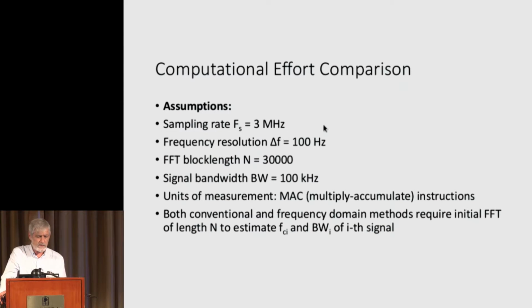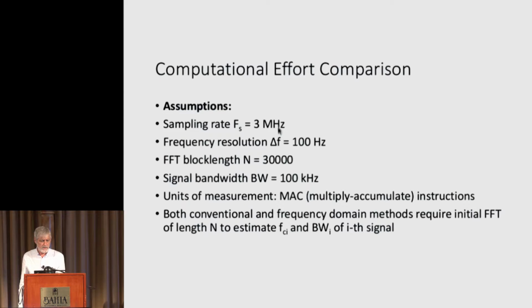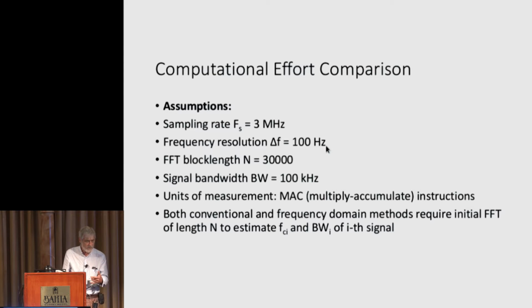So I'm assuming the same parameters that I have used for this example, which is that 3 megahertz bandwidth, which meant that the sampling rate was 3 megahertz. And then the frequency resolution, I assumed we need 100 hertz in order to get a reasonably good estimation of the baud rate. Needing the 100 hertz means that we have to take 10 milliseconds of the signal for the FFT.